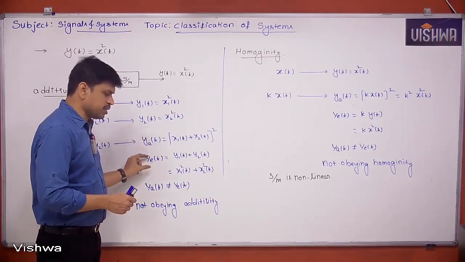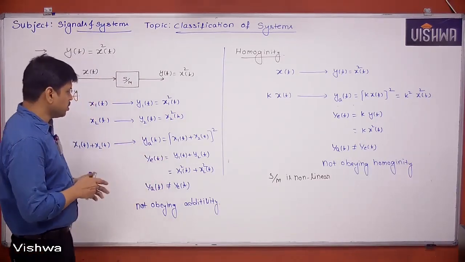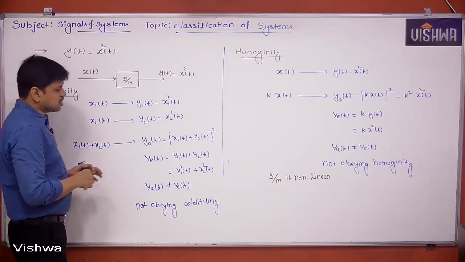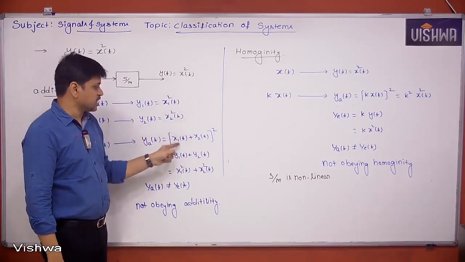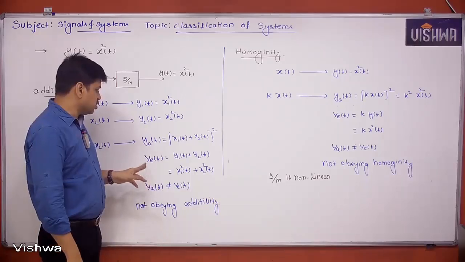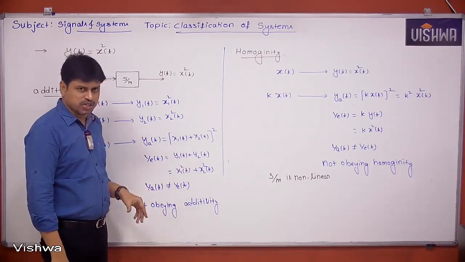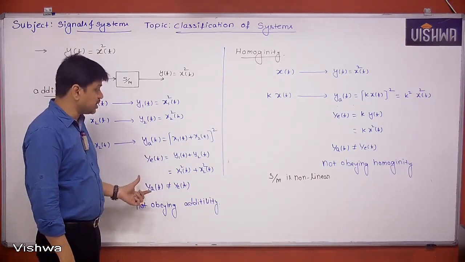If we compare them, we can understand whether it is satisfying additivity or not. To find the actual output in additivity, simply replace x with x1 plus x2. Then you can get it directly. Next, the expected output is nothing but y1 of t plus y2 of t. By comparing them, we can say whether it is satisfying additivity or not.